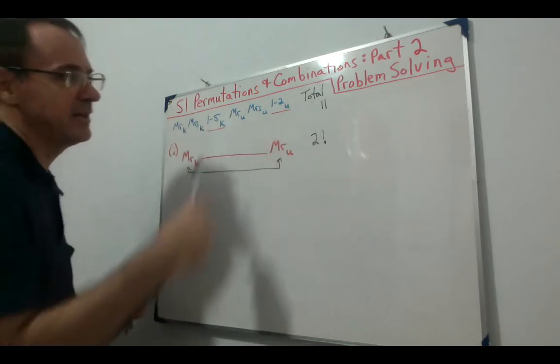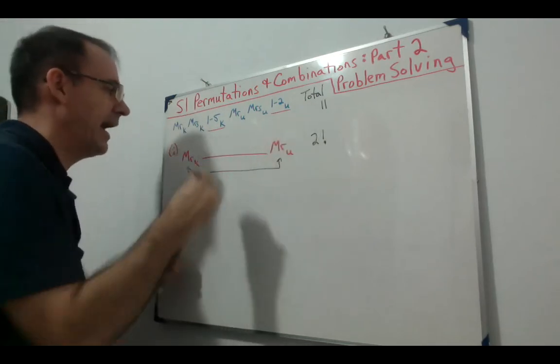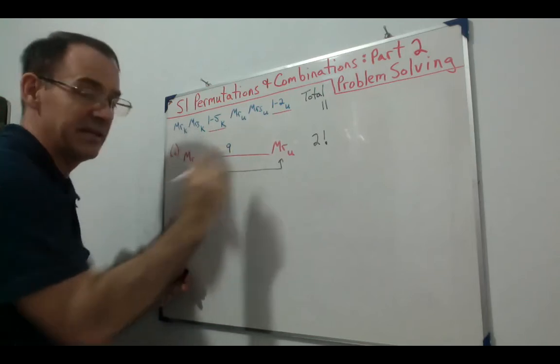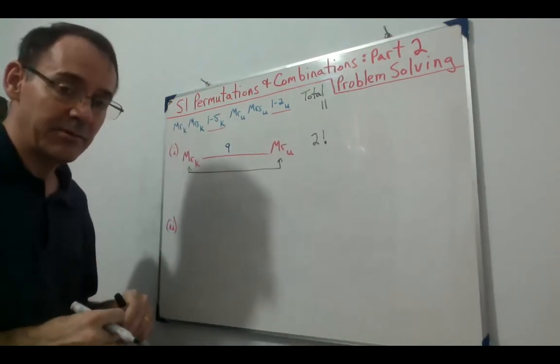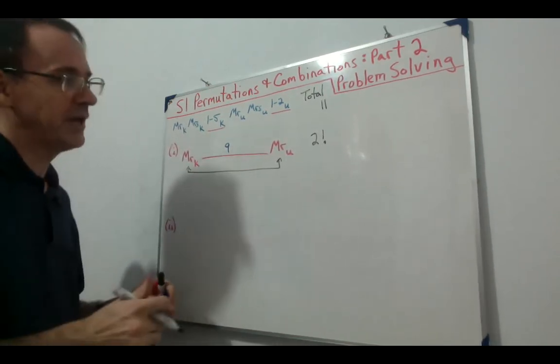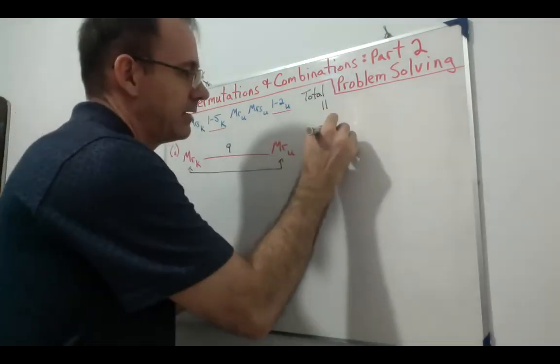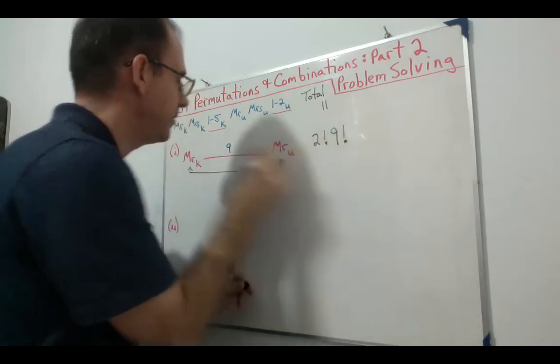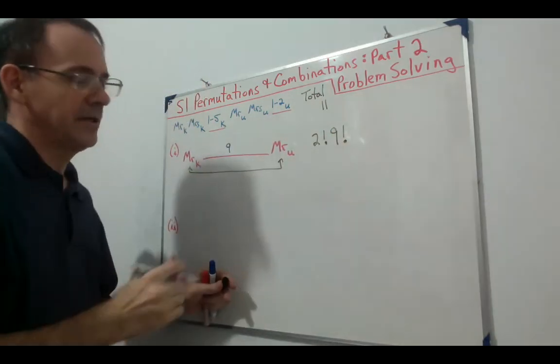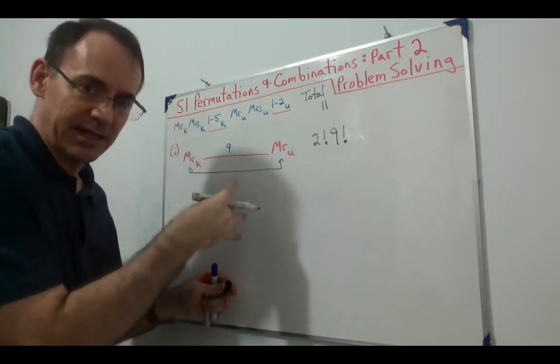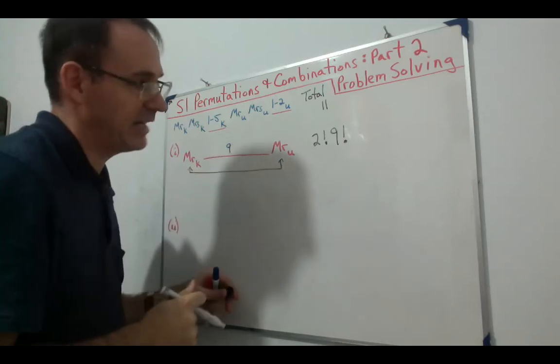So we have that. Then out of the 11, that now leaves 9 people in the middle, and there aren't any restrictions about those 9. So this is just times 9 factorial, for the first person, 8 for the second, all the way down to the last person.